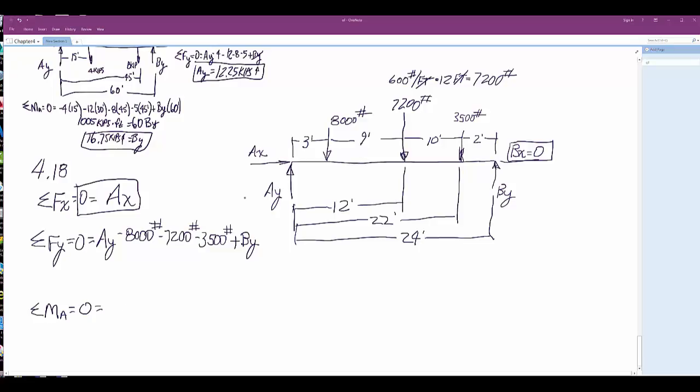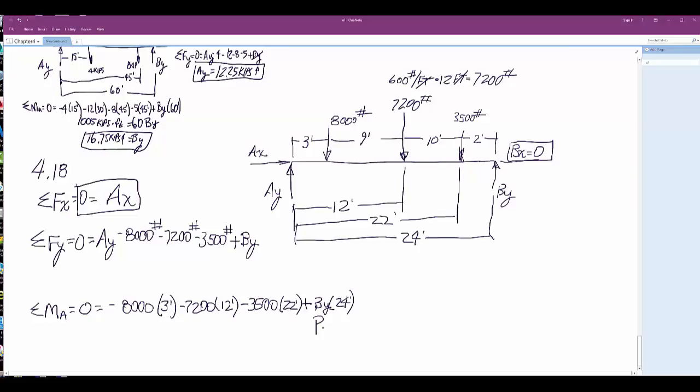We've got 8,000 pounds up here trying to make that thing go clockwise, which is negative, times 3 feet, minus 7,200 times 12 feet, minus 3,500 times 22 feet, plus BY times 24 feet.